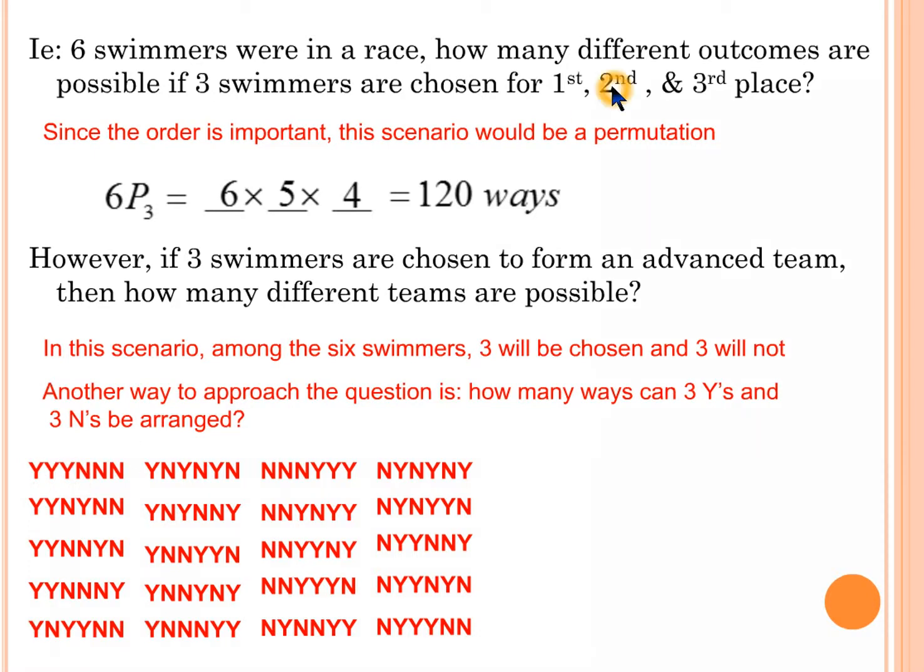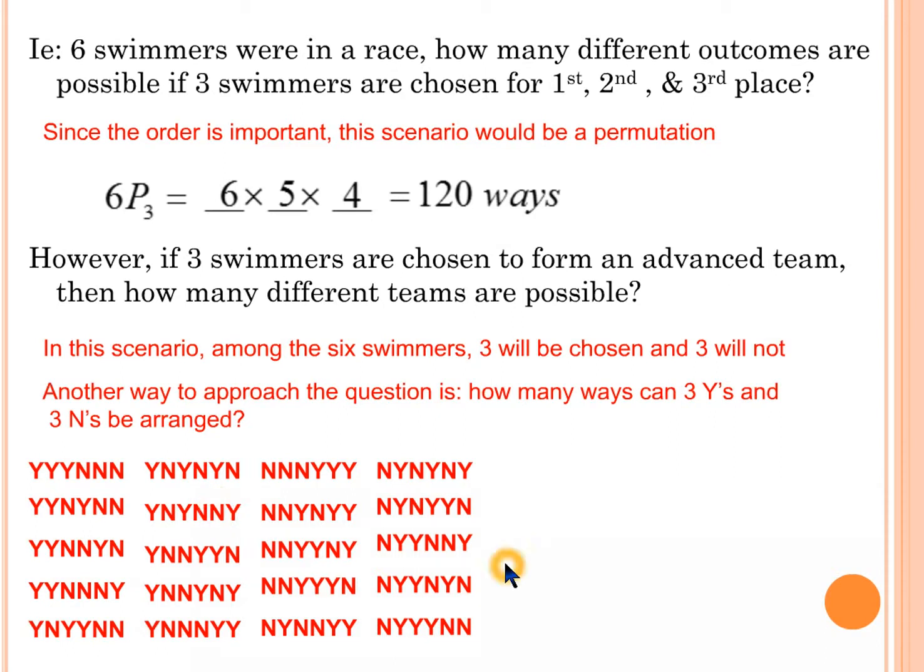In the previous case, with gold, silver, or bronze, it matters. But over here we know that 3 people will be going no matter what, so Y3 could come first, Y1 could come second, and Y2 can come third. The order doesn't matter because all 3 of those Ys will be going on to the next round.